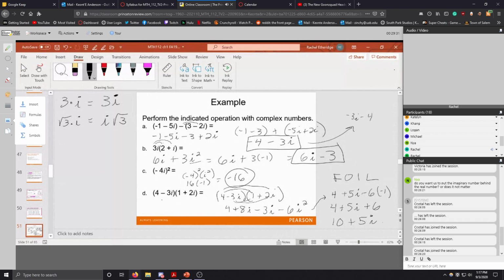That may have actually been what she was asking about. As long as you've got your signs correct, that's the main thing. And especially if you type it into MATLAB, either one of these ways is going to, I think, be fine. You just want to make sure your signs are correct.